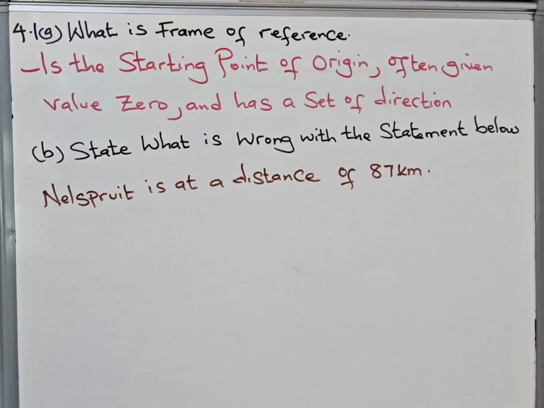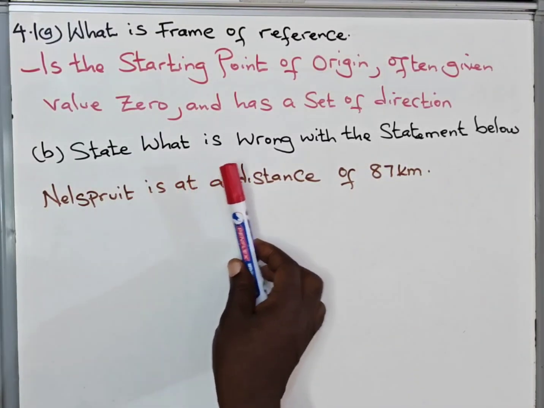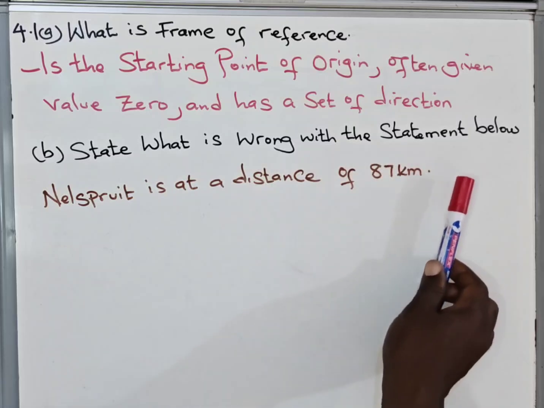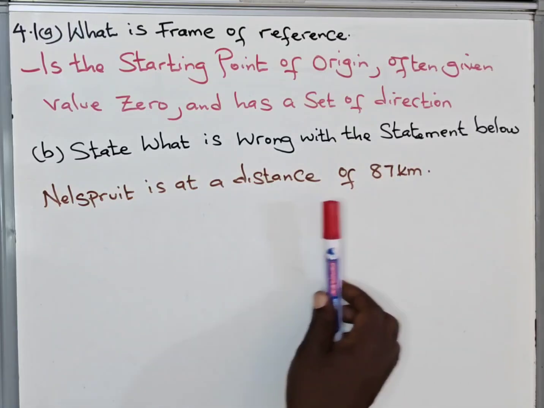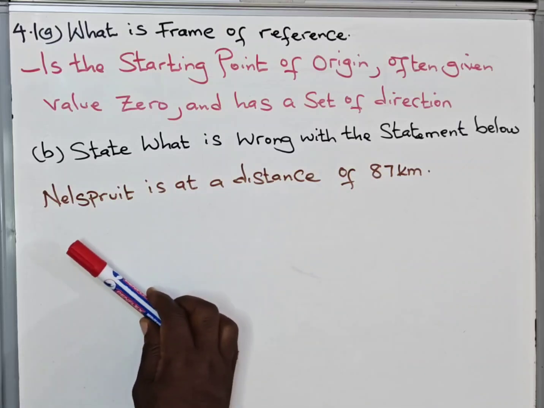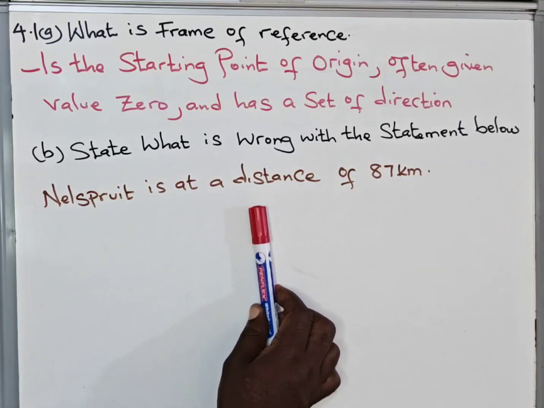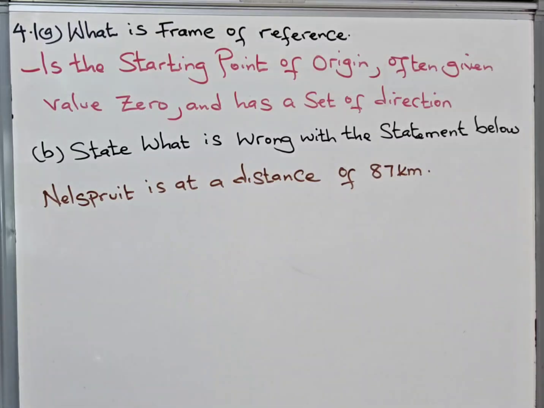Then we come to this question. It says, state what is wrong with the statement below. The statement reads that Nelspruit is at a distance, say, of 87 kilometers. What is wrong with such a statement?